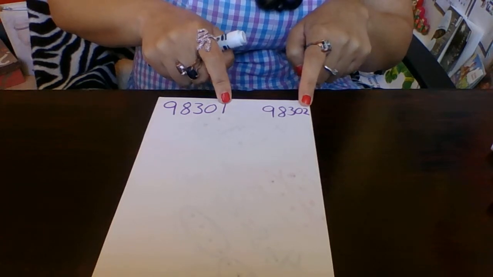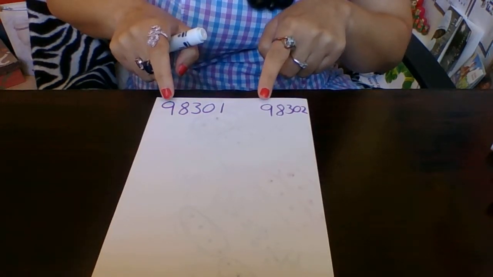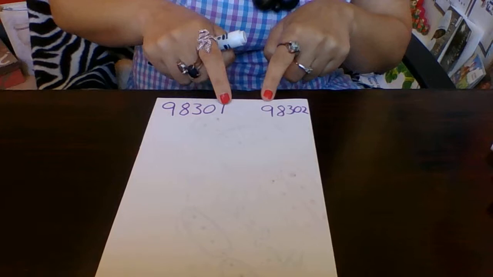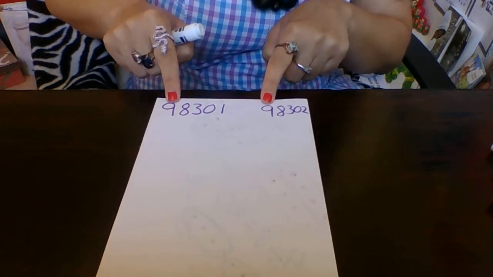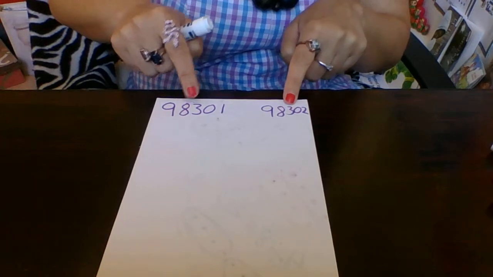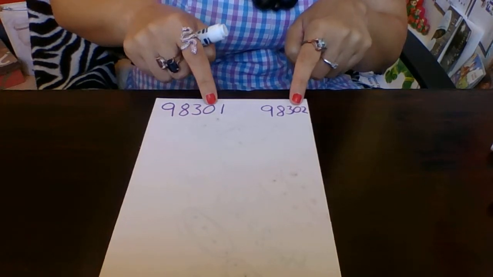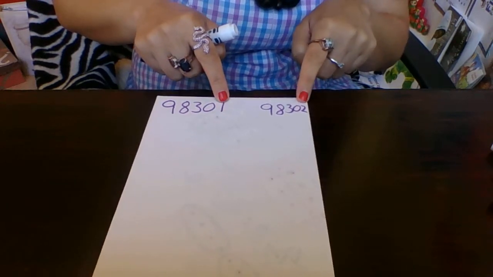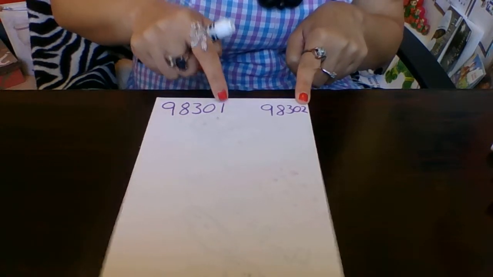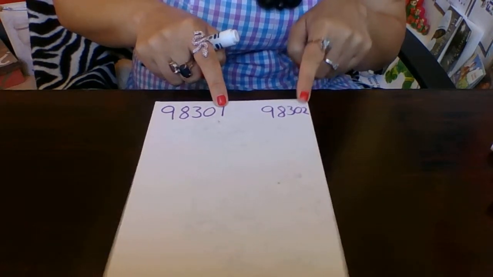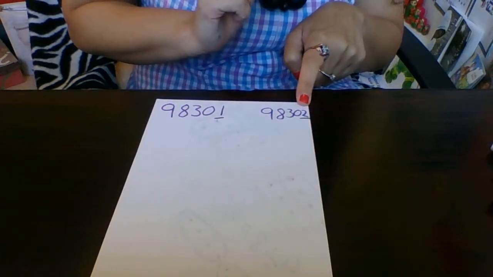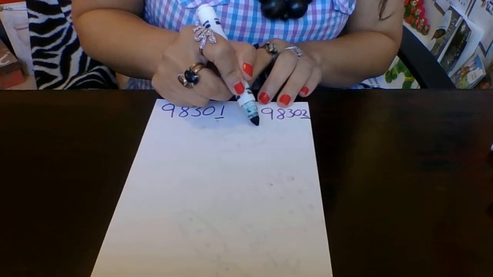If you didn't notice that, same strategy. 1, 2, 3, 4, 5 digits, 1, 2, 3, 4, 5 digits. 9 and 9 are the same, 8 and 8 are the same, 3 and 3 are the same, 0 and 0 are the same. Aha, 1 and 2 are not the same. 1 is a smaller number, 2 is a bigger number. So, which way is my alligator mouth going to be facing? It's going to be opened up this way here.